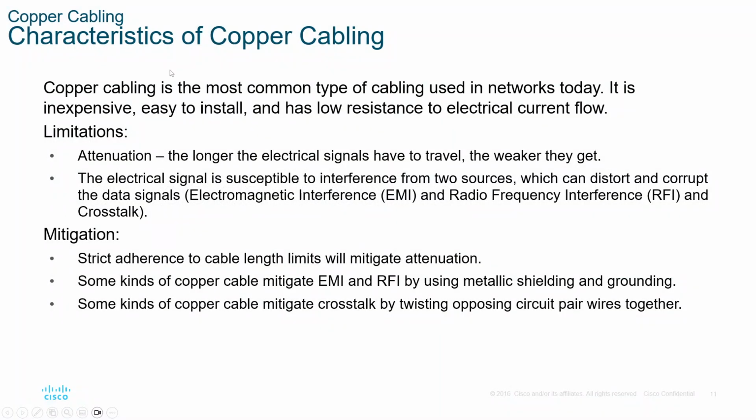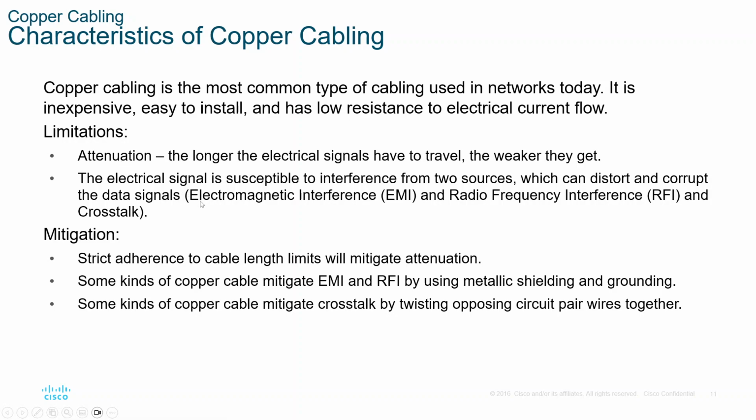Okay, copper cabling. The cables that you have seen in our lab are all copper cables, meaning the core of the cable is copper, and they use electrical signals to carry data from one device to another device.